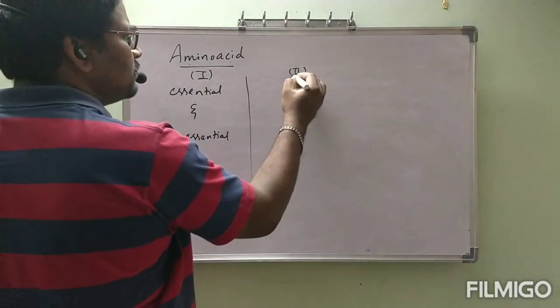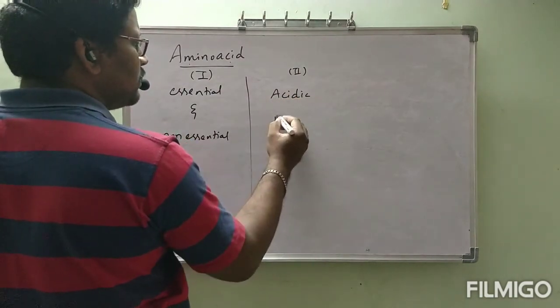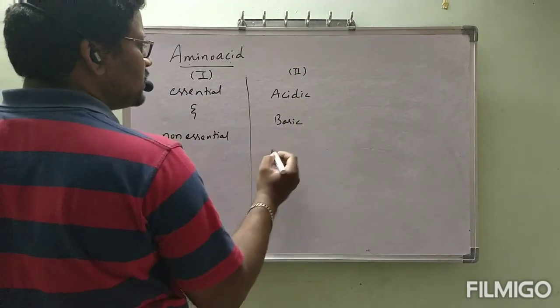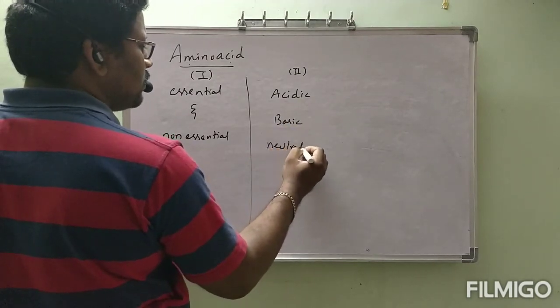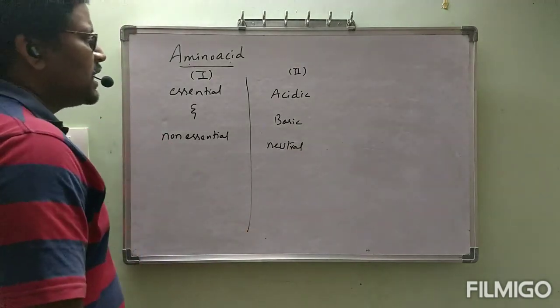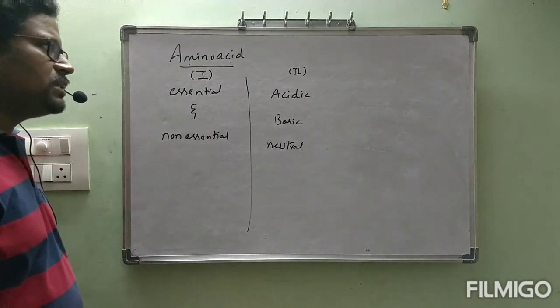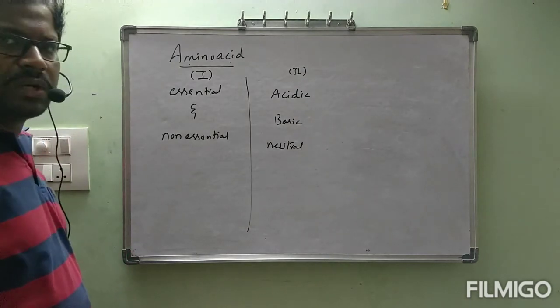Second classification: acidic amino acid, basic amino acid, neutral amino acid. First classification, essential and non-essential. Okay. Second classification, acidic, basic and neutral.